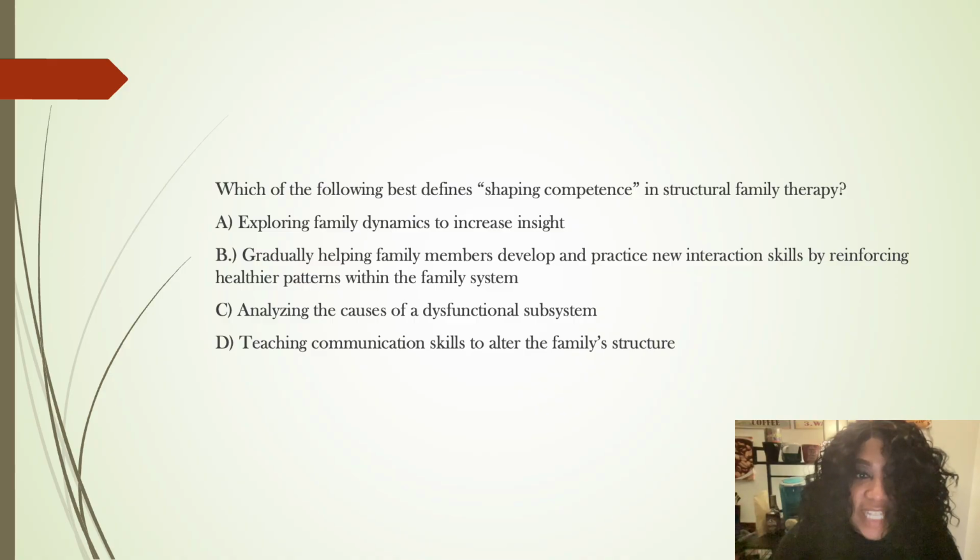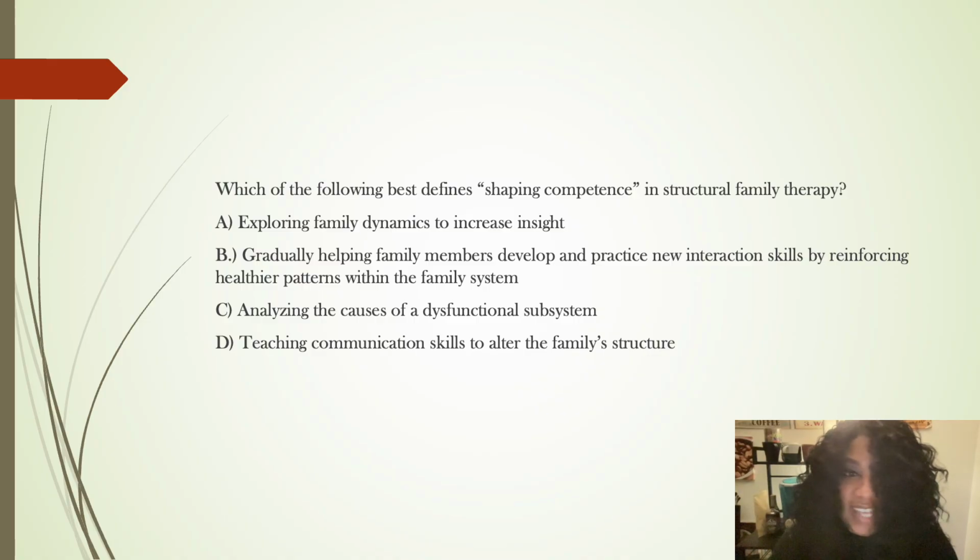C says analyzing the causes of a dysfunctional subsystem. That one's trying to throw you because it's got some of that structural family therapy language in it. But if you have a gist of what shaping competence means, you will know that C is not the best answer. D says teaching communication skills to alter the family structure. There it is again, those fancy terms from structural family therapy.